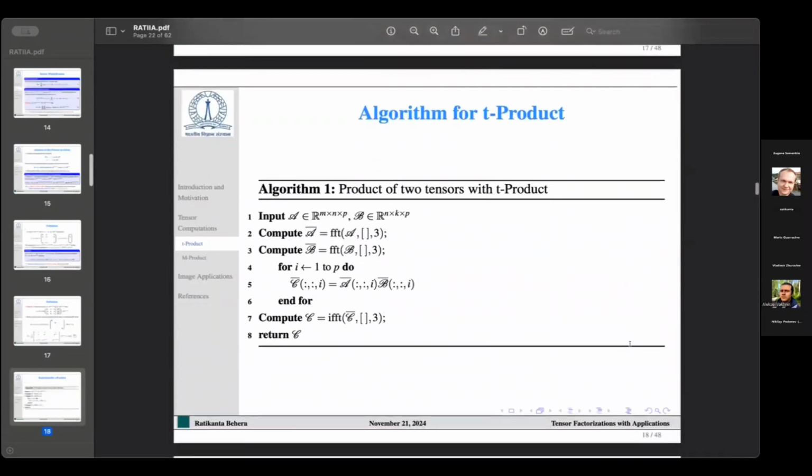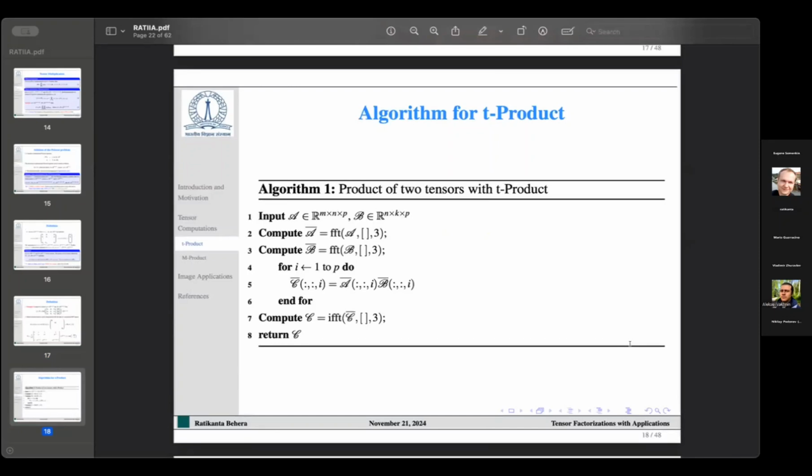Okay, now the algorithm. This is the simplest algorithm, I can say. No need to do bcirc of this, fold of, unfold of this. Use this simple FFT based algorithm for the computation of the product of two tensors.